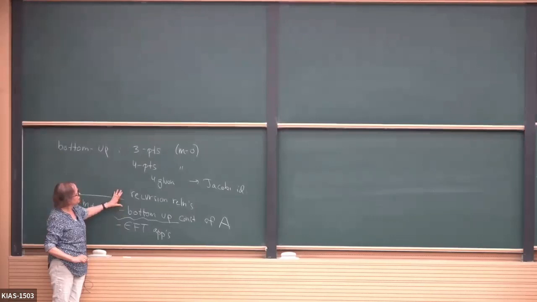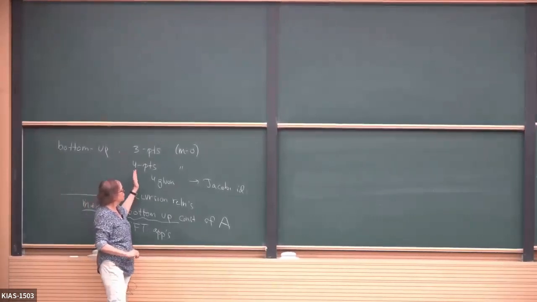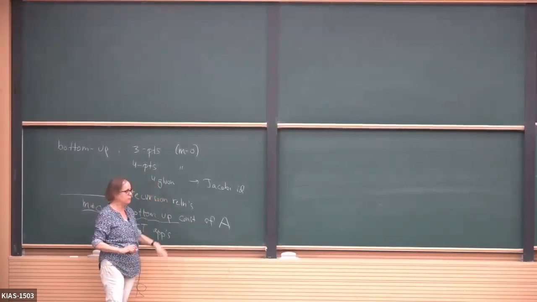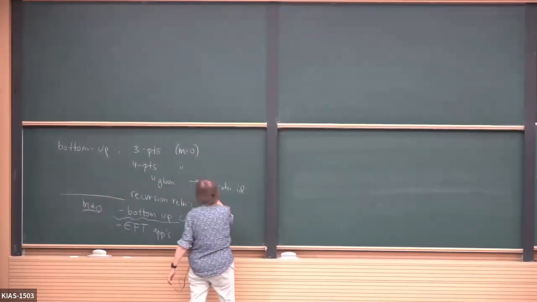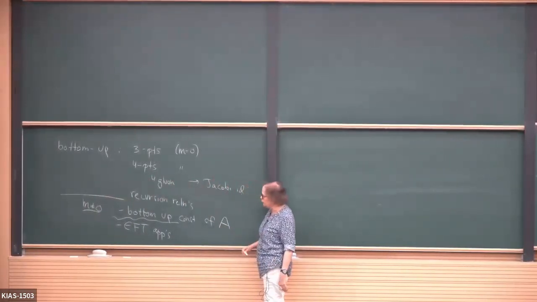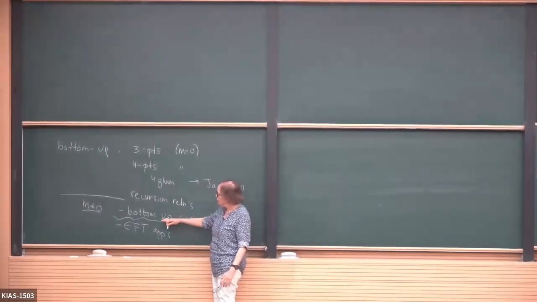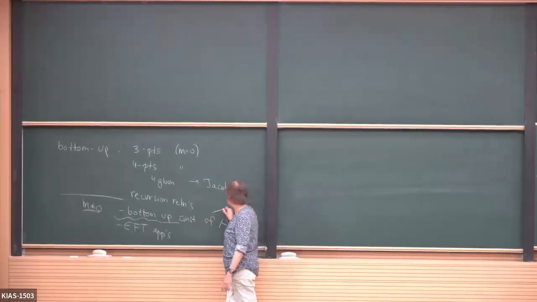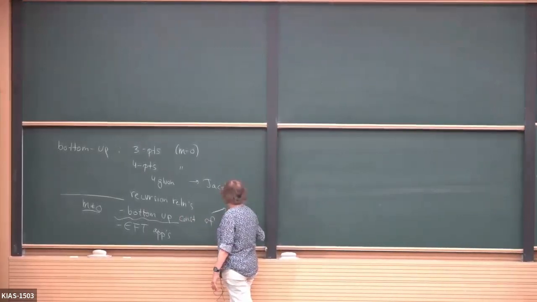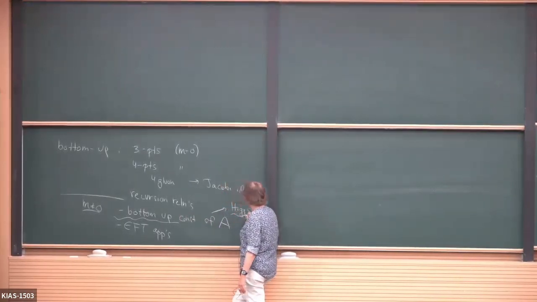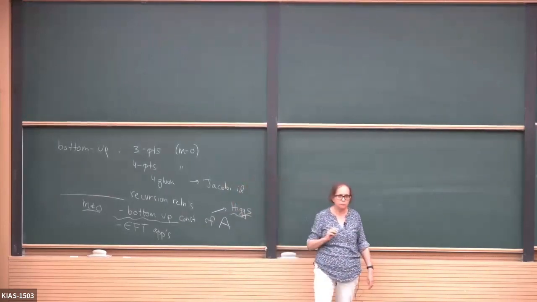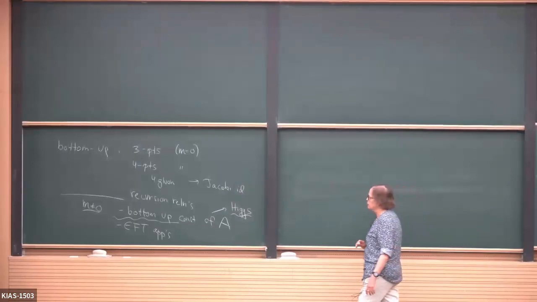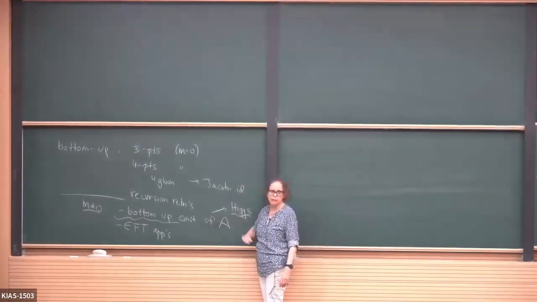And again, just like we already saw some examples of how we recover things that we know from QFT using this bottom-up construction. So in the bottom-up construction of massive amplitudes, we'll also see some elements of the Higgs mechanism emerge. So this is the plan for today and then tomorrow.